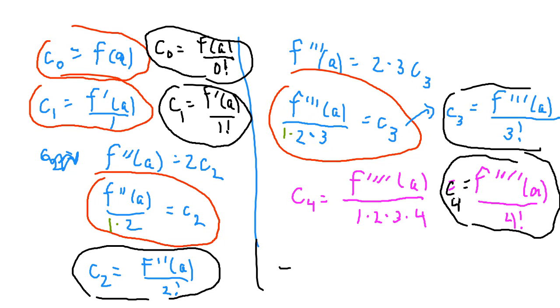So this means we can deduce that for this power series representation of the function, so long as the function is continuously differentiable, the nth coefficient can be found by taking the nth derivative at a and dividing it by n factorial.